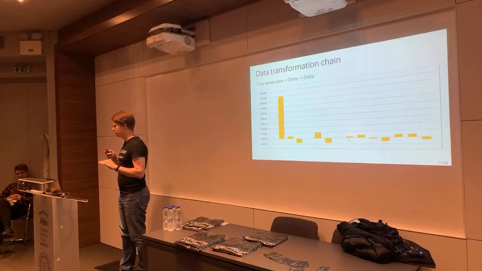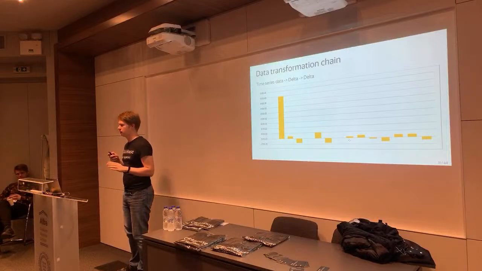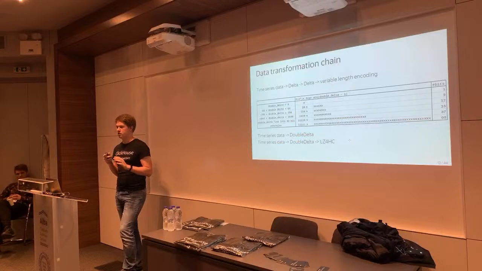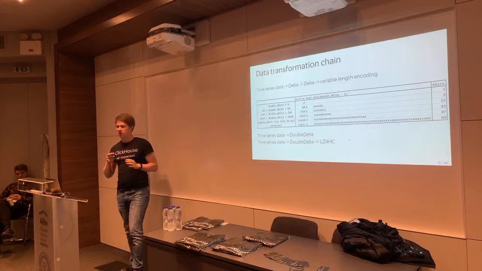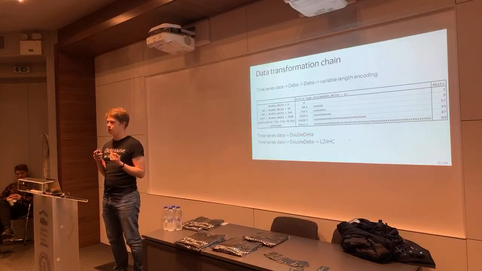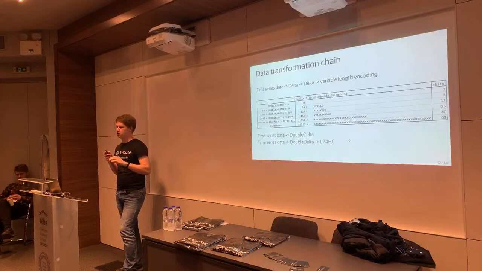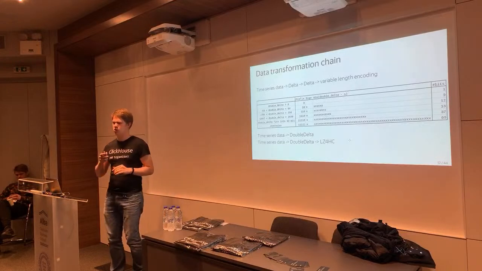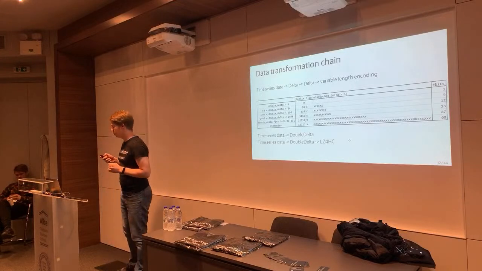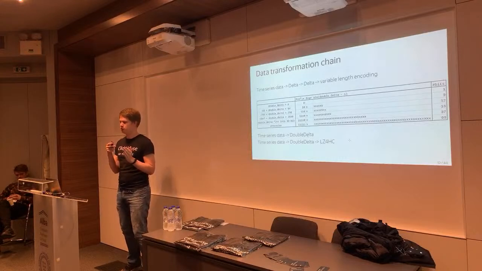If we know that our numbers are close to 0, we can do a nice thing: apply variable length encoding. It means we can encode 0 with a single bit. If we have very small numbers, like between -63 and 64, we can use 8 bits, and more bits if our numbers are big. So if we apply this, we already compress data pretty well.